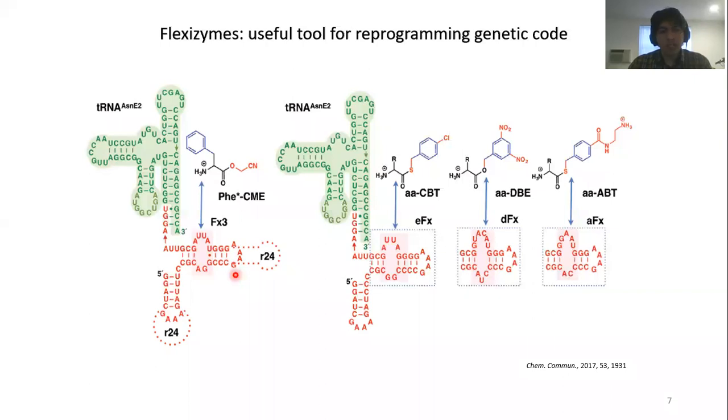It can load different amino acids which are not proteogenic, so these are called non-proteogenic amino acids, or maybe just non-proteogenic substrates, not even amino acids. They have different groups present on them that are not generally present on amino acids. This looks like a phenylalanine, but there is a particular group which is not in phenylalanine.